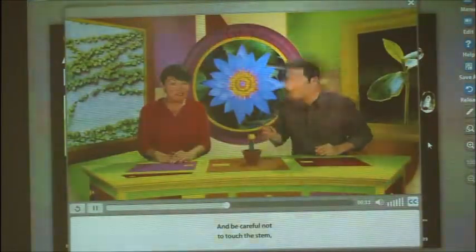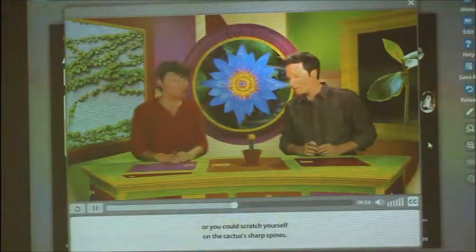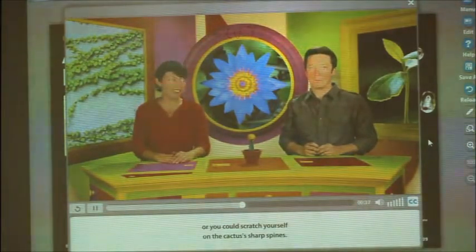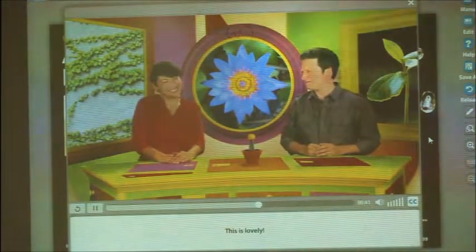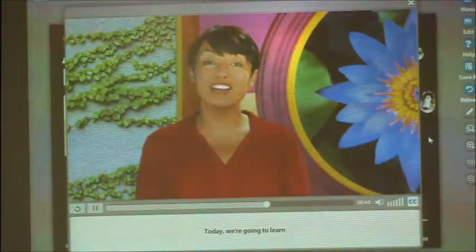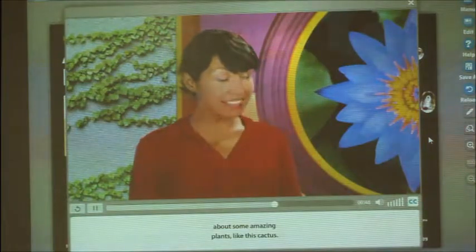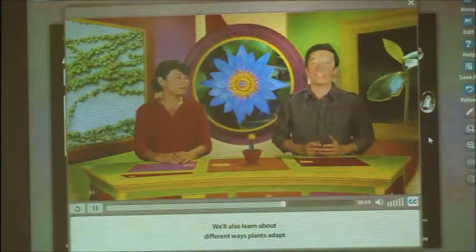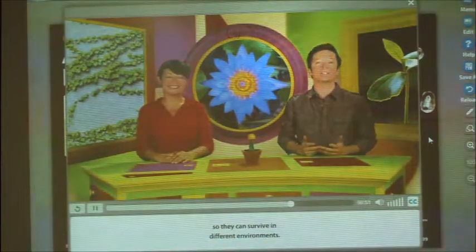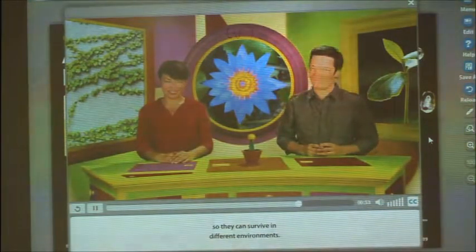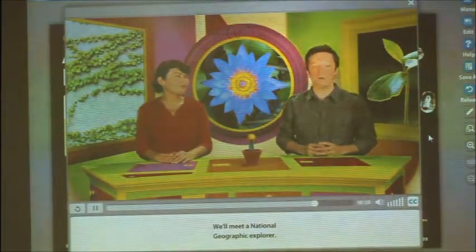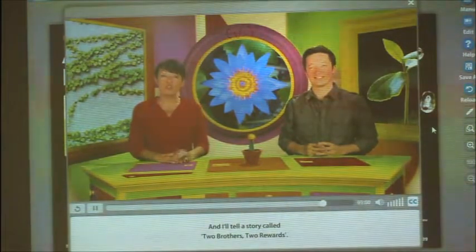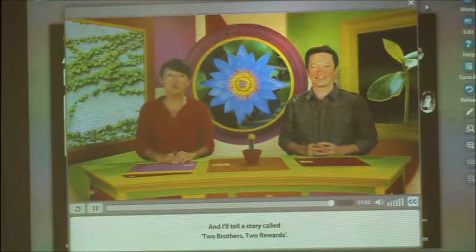And be careful not to touch the stem, or you could scratch yourself on the cactus's sharp spines. I'll be very careful. Thank you Anna. This is lovely. Today, we're going to learn about some amazing plants, like this cactus. We'll also learn about different ways plants adapt so they can survive in different environments. We'll hear a song about plants. We'll meet a National Geographic explorer. And I'll tell a story called Two Brothers, Two Rewards. Let's get started.